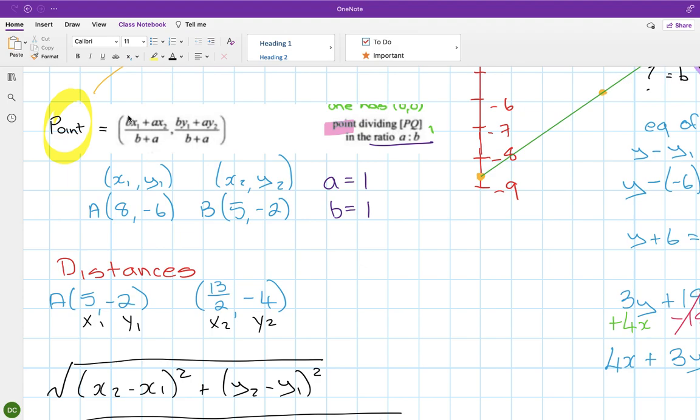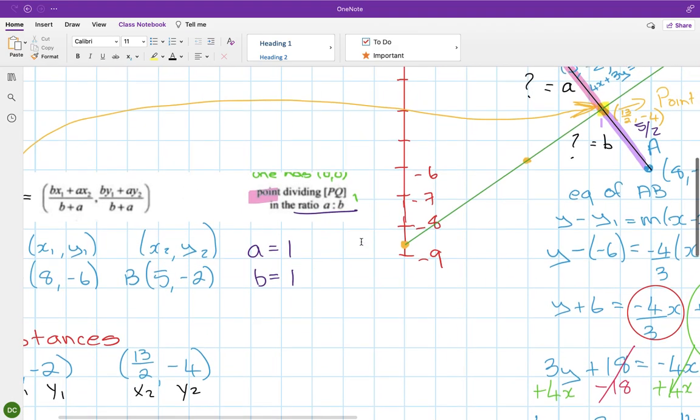And then I have B, which is 1, y1 is minus 6, plus A is 1 and y2 is minus 2, and that is over B plus A, which is 1 plus 1.